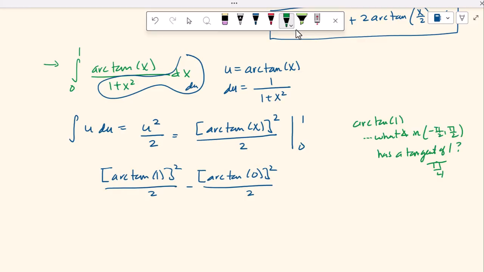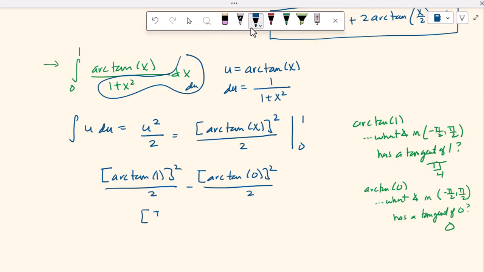Let's look at our second one, arctan of 0. This means what angle in the interval negative to positive pi over 2, points not inclusive, has a tangent of 0? And the answer is 0. So that's what's going to go in here.